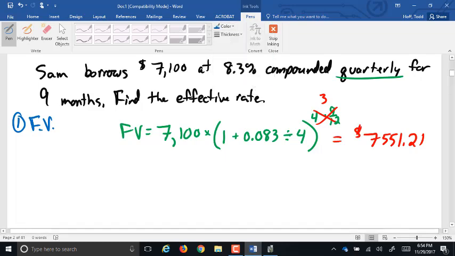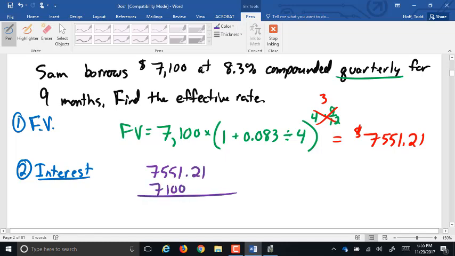I'll pause, make sure everybody gets to that point. Okay, most of the pencils will stop going. So the next step is to find the compound interest, which is simply the future value minus the present value.